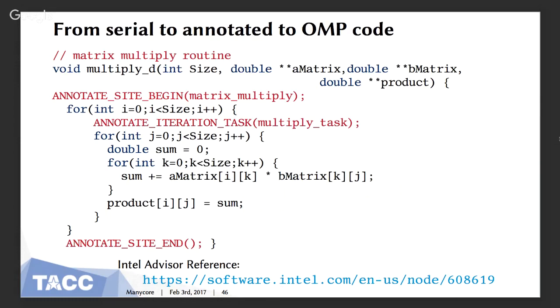So what I would do is add this line before the loop starts, annotate site begin. Then I would add annotate iteration task immediately after that. And then at the end of the loop, annotate site end. And this will indicate to Advisor exactly which loop it is that you are working on parallelizing.